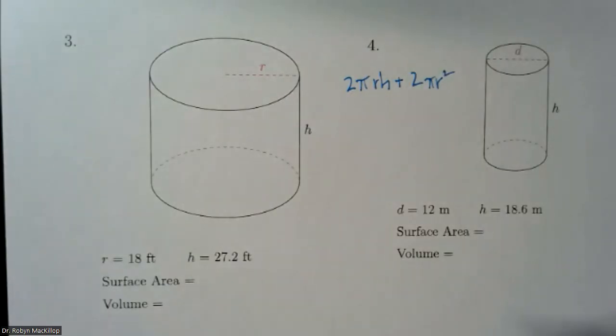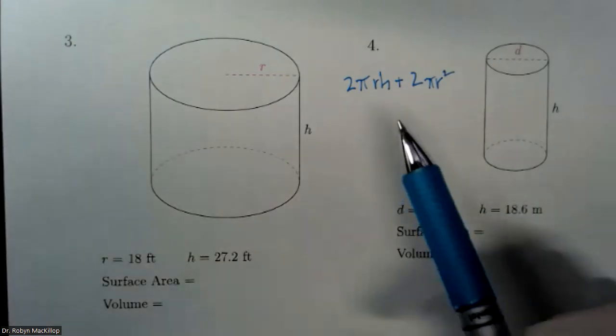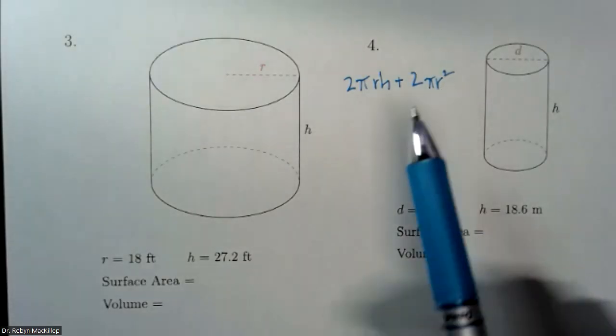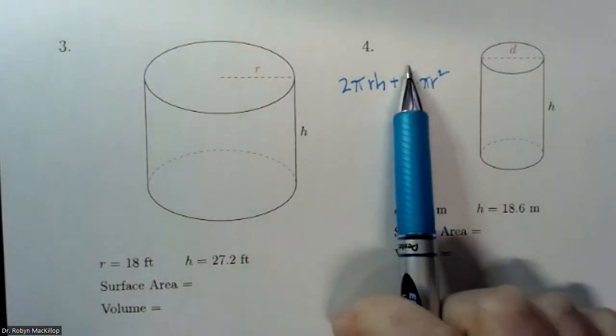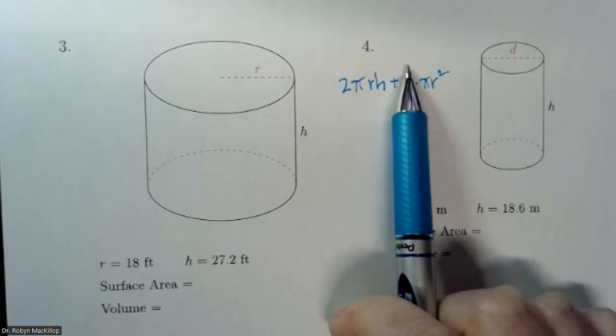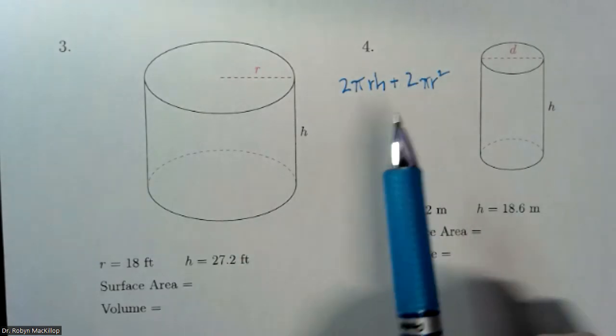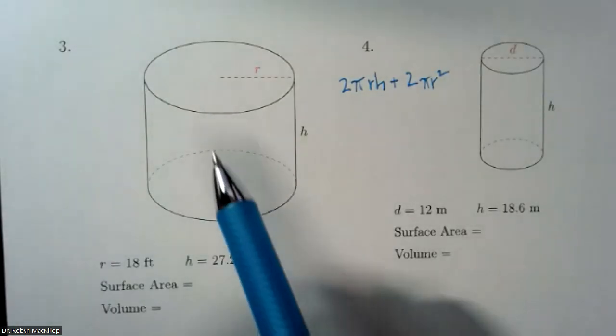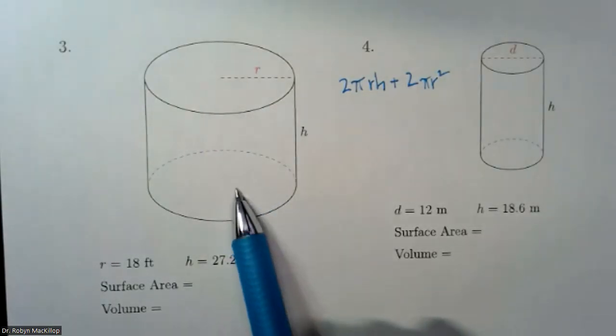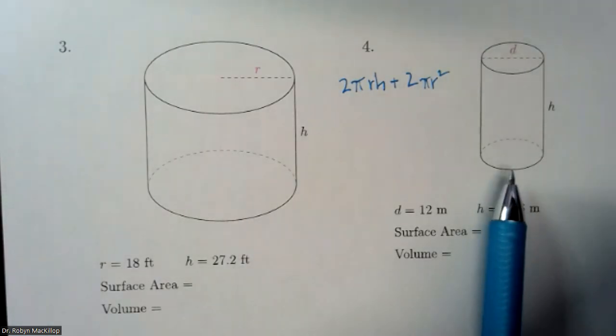All right, there's a couple ways they can mess with you with cylinders. This is the measurement of one of the circles, pi r squared. 2 pi r squared means they're looking at this as a complete solid. Hard top, hard bottom.